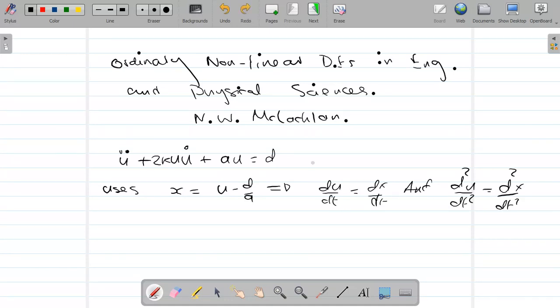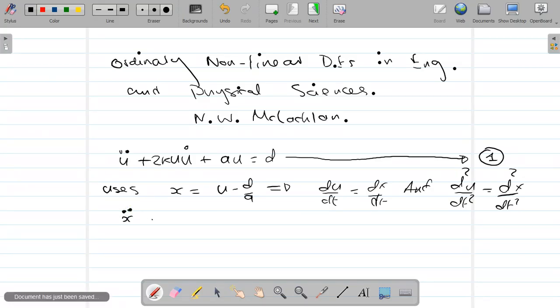So we'll call that equation 1. And by substituting all of this into equation 1, it eventually arrives at x double dot plus 2 kappa, I say kappa, it looks more like a K, but it doesn't matter whether it's a K or a kappa, but anyway, we'll keep referring to it as a kappa.